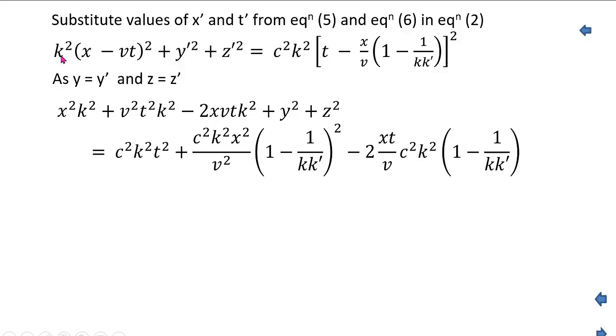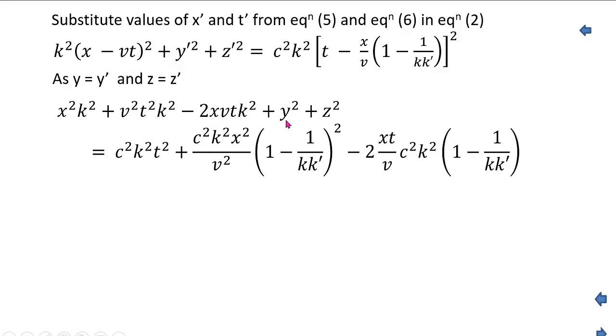Square the first term, x square, plus square of the second term, minus 2 times the product of these two terms, using the rule (a − b) square equals a square plus b square minus twice ab. Using that rule, this is x square k square plus b square t square k square minus 2 times x v t k square. This is the simplification of this term.